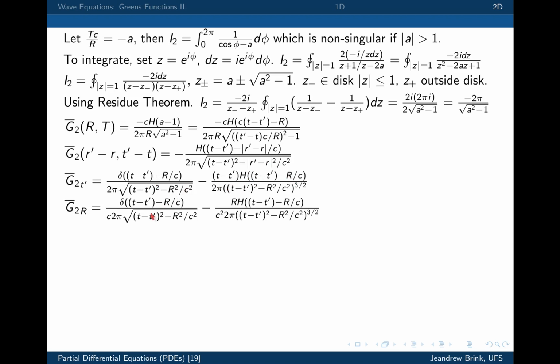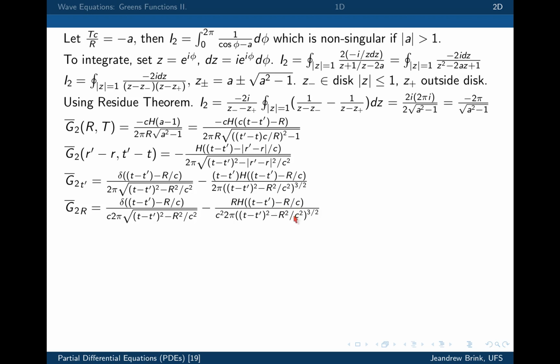We're going to need the derivative of r, but it's not obvious why. But just for completeness' sake at the moment, I'm going to write down the derivative of the Green's function with respect to r, which is the difference between our source and field coordinates. And once again, you have your delta function coming in with a c dividing over here and the minus sign going out. And then you have the derivative of the square root with respect to r.